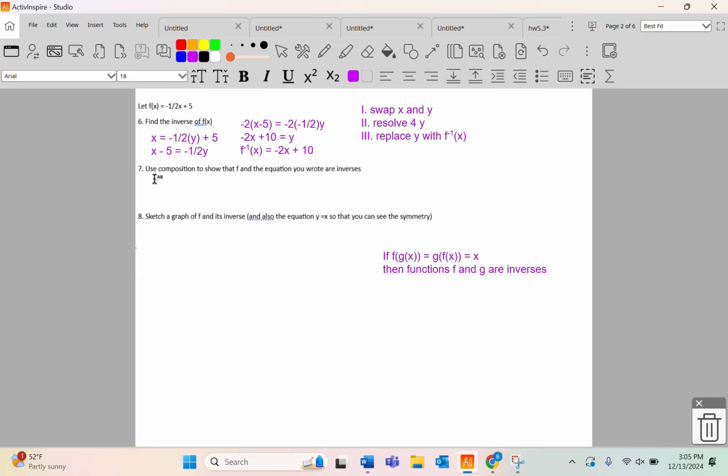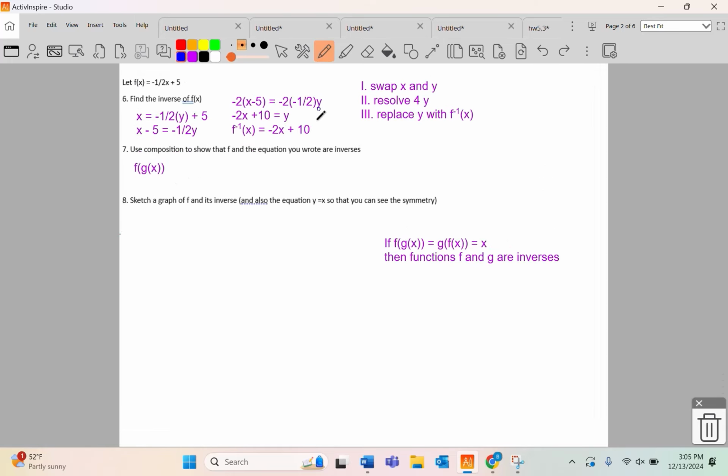So I'm going to find f of g of x. I'm going to let every x in f be that. Okay, I'm going to take this guy and I'm just going to throw it right there.